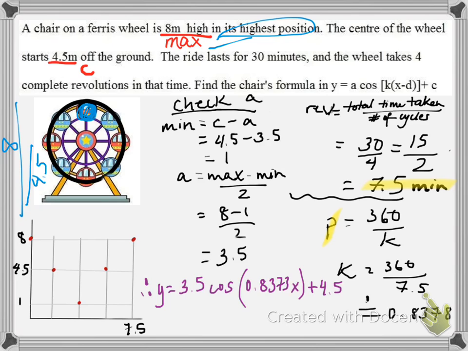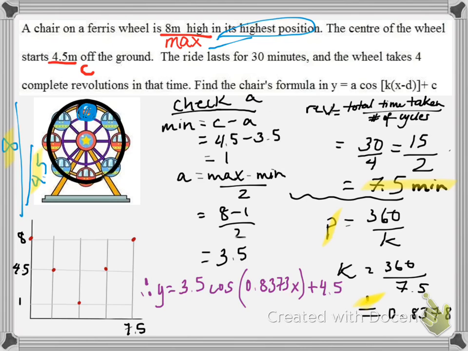And then once we do all our calculations, we get approximately 0.8378. So that's our k. Now we're going to try to find the amplitude. I figured out the amplitude by simply subtracting the vertical shift from the max, and I got 3.5.